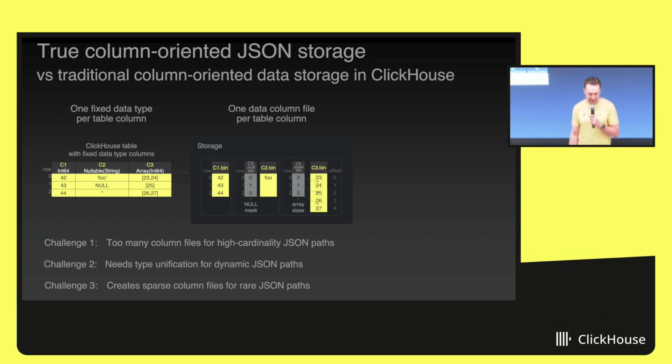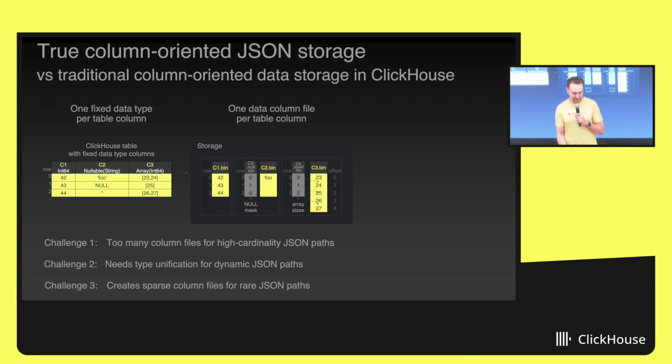The challenges are that if we define a table with explicit data types, we can have only a single data type per column. Like in this example, column 1 with Int64, column 2 with Nullable String, column 3 with Array of Int64.